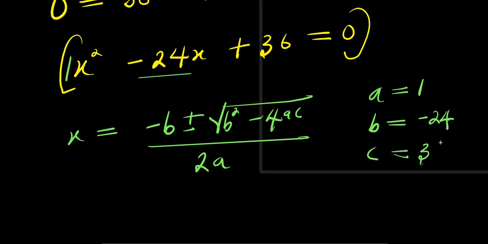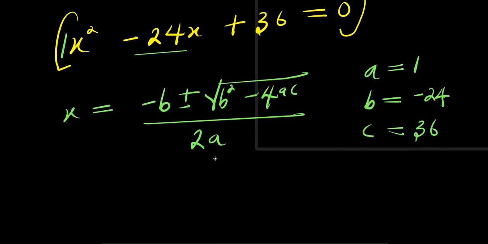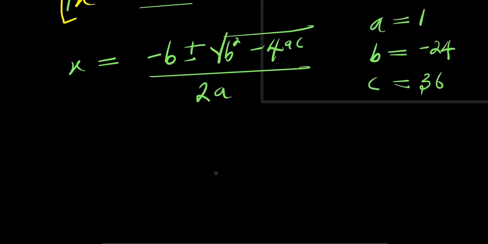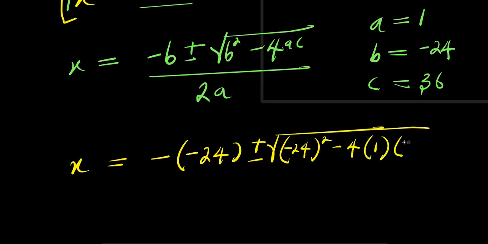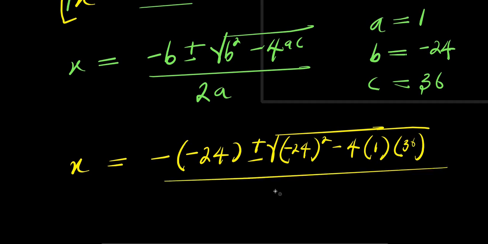And c equals 36. So from here, we have x equals negative times negative 24 plus or minus square root of b squared, that's negative 24 to the power of 2 minus 4 times 1 times c, that's 36, divided by 2 times a, that is 2 times 1.